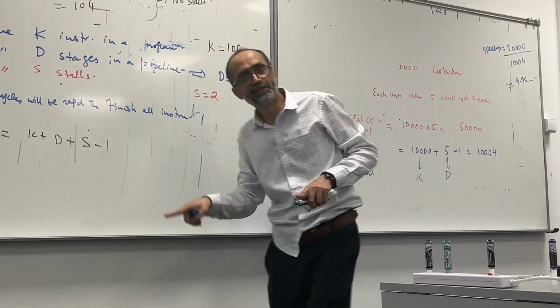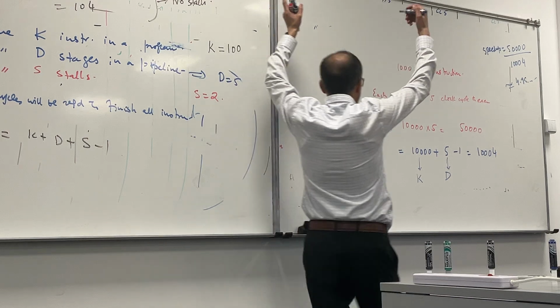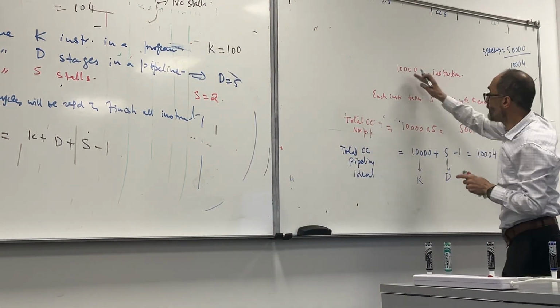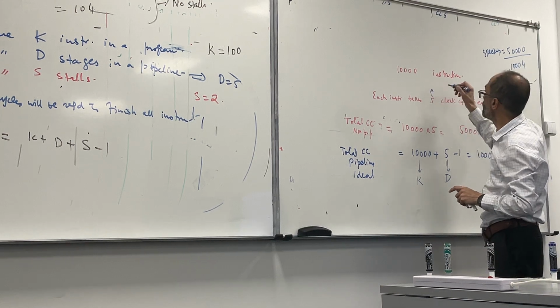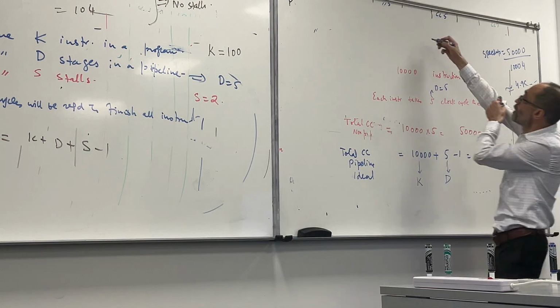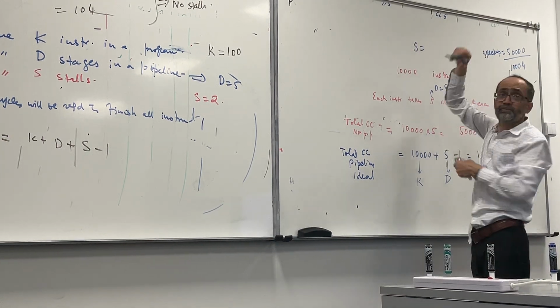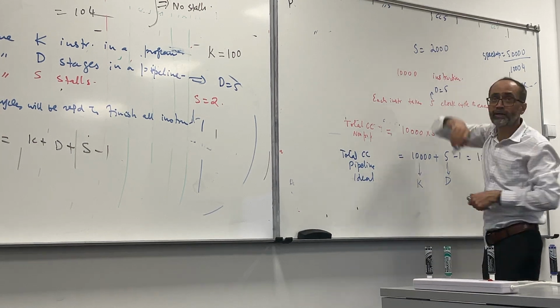There are no dependencies, there are no stalls. But again, let's assume there are 100 instructions. Each instruction takes 5 cycles to execute. It means the pipeline depth D is now 5. Assume that we have stalls. Let's assume the number of stalls is 2,000. There are 2,000 stall cycles.